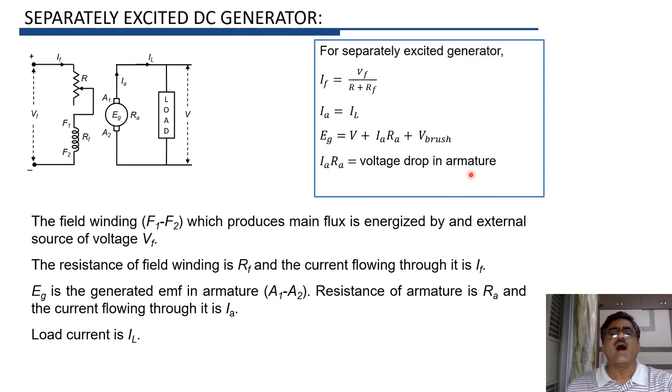So here IA RA is the voltage drop in armature and V brush is the brush contact voltage drop. So this relation is important for the separately excited DC generator: EG is equal to V plus IA RA plus V brush, and IA is equal to IL.